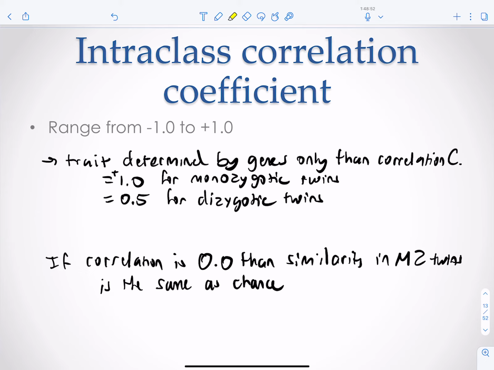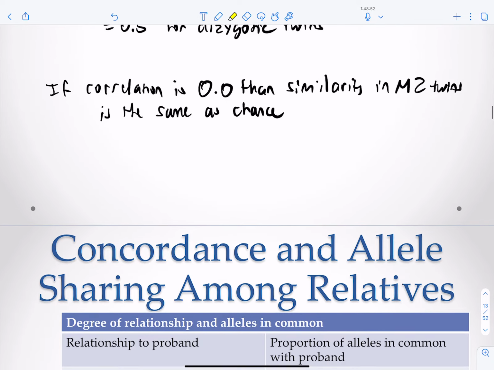And so if the trait is by genes only, then you have a +1 for monozygotic twins and 0.5 for dizygotic twins. If the correlation is 0, then the similarity of monozygotic twins is the same as chance. And then, of course, in the negative range, it's not influenced by genes at all. So that would be like influenza, for example.